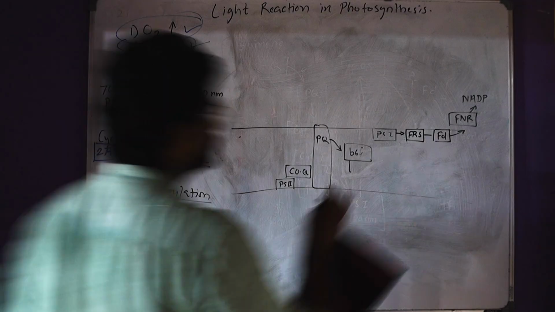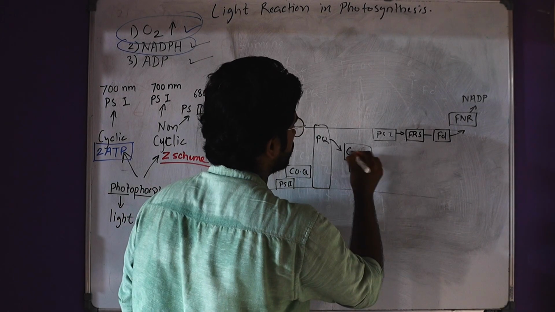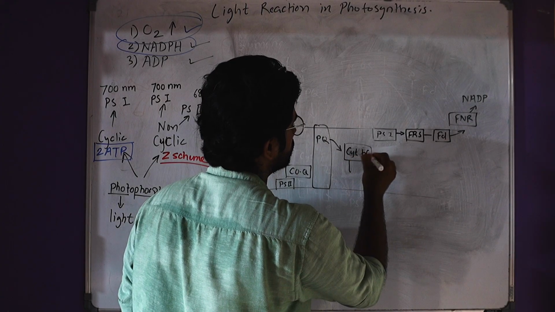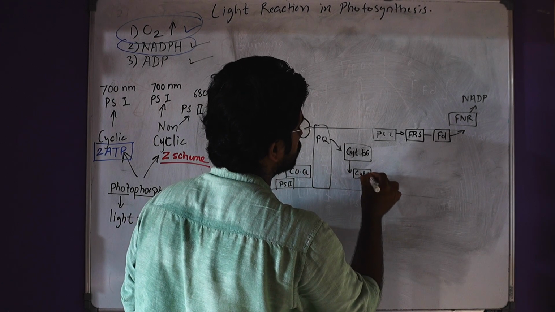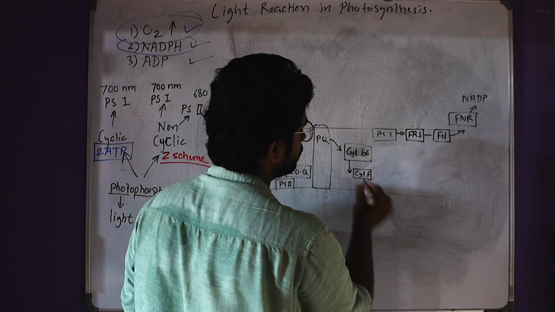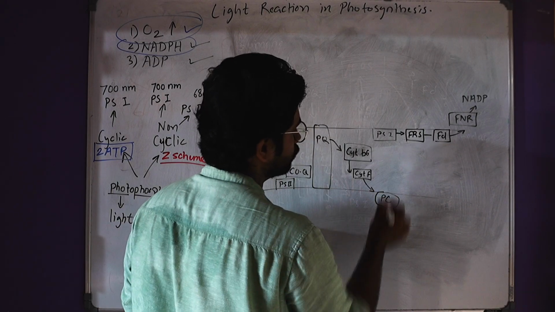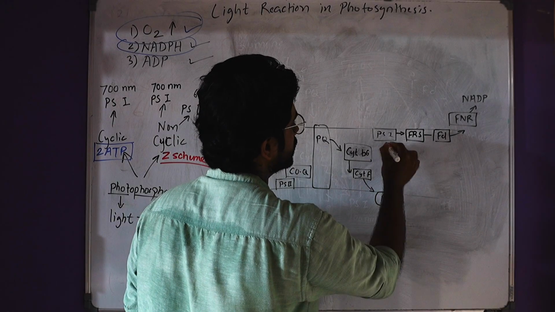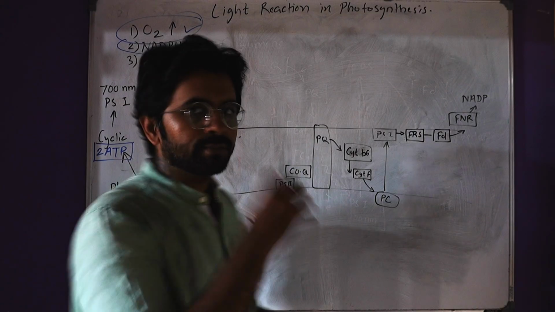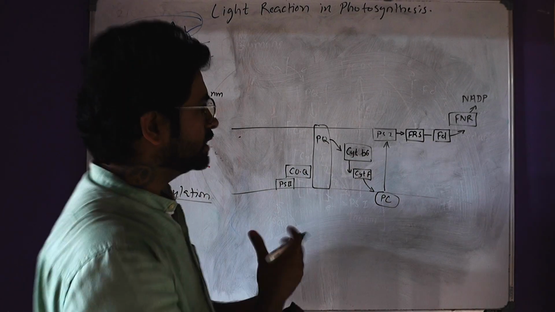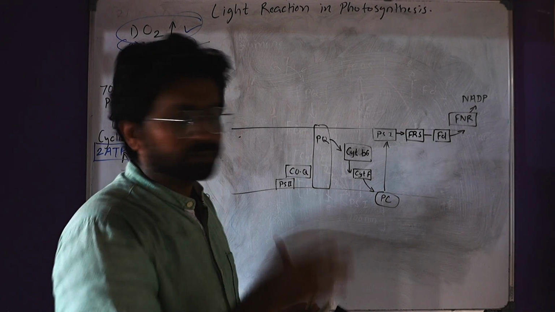First it will go to cytochrome B6, then it will go to cytochrome F. From cytochrome F it will go to plastocyanin, and from plastocyanin the electron will go to photosystem 1. Okay, so it is the same pathway that we have seen before. It's just that we have to see the arrangement of all these proteins on the membrane.